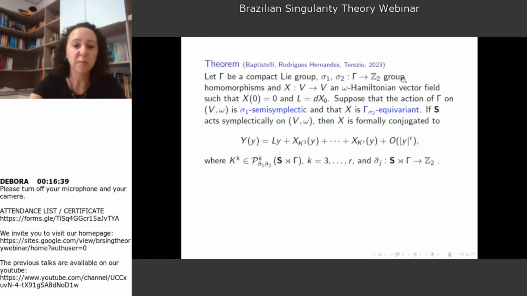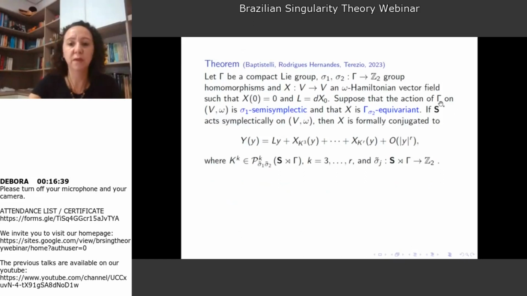Sigma 1 and sigma 2 are the homomorphisms that we defined before. X is a Hamiltonian vector field, X sends 0 to 0, and L is the linear part. We can assume that the action of gamma on V omega is sigma 1 semisymplectic, and X is gamma sigma 2 equivariant.